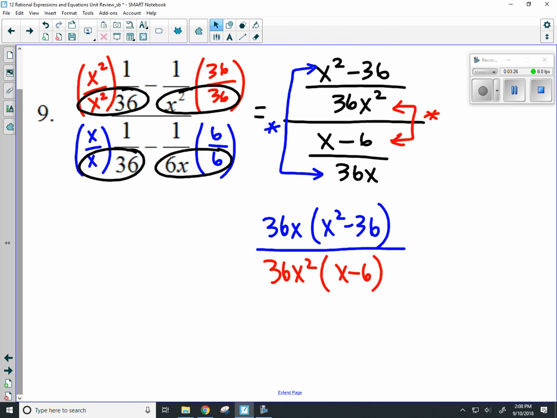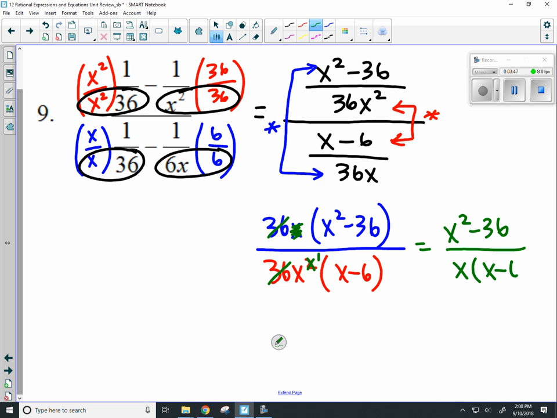From here you're going to look to reduce and factor. So the 36s will cancel each other out right off the bat. This x will cancel out one of the ones on the bottom, leaving us with just a single x. So I'm going to rewrite this. We have x squared minus 36 over x and x minus 6.